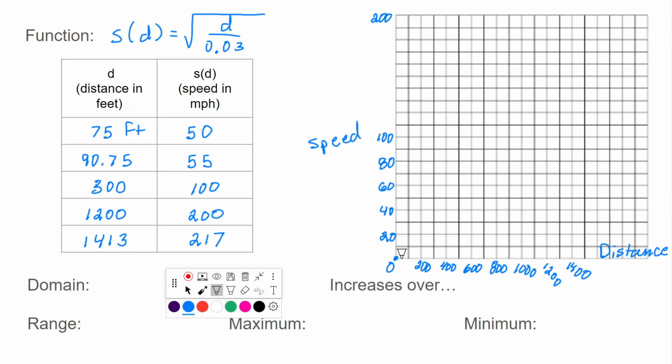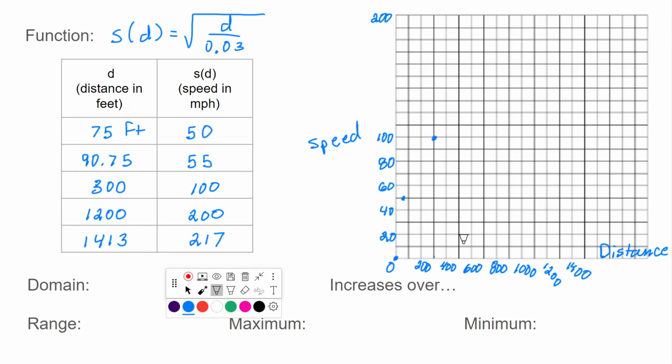We had a distance of 75 at 50 miles per hour. We had a distance of 300 at 100 miles per hour. So 300 is going to be up here at 100.